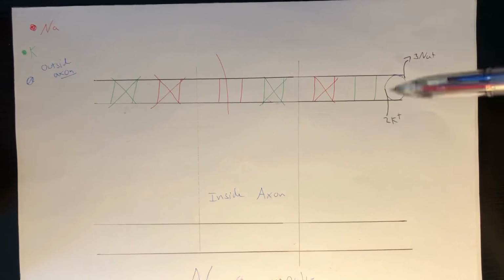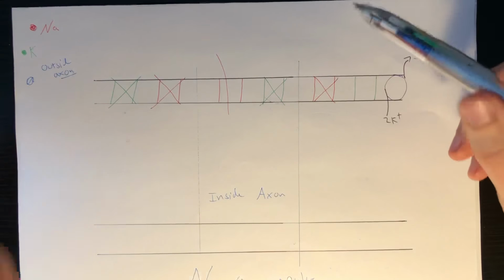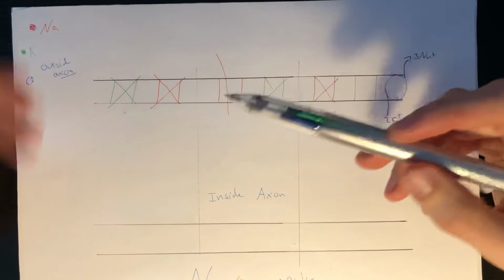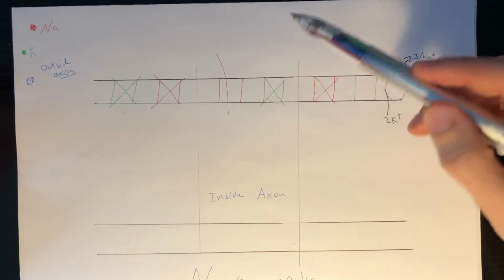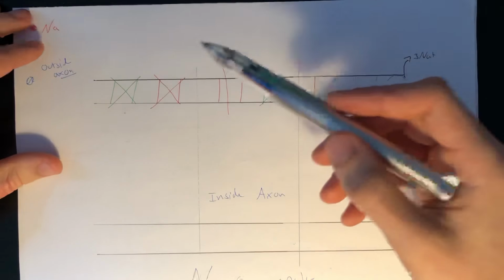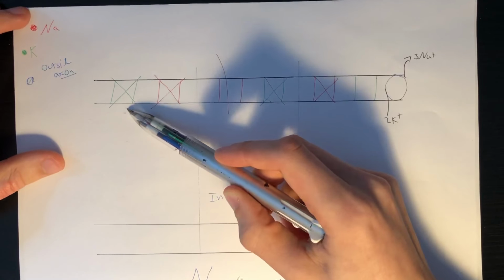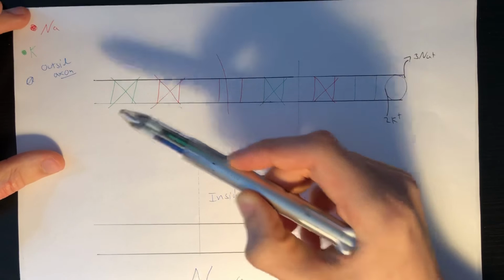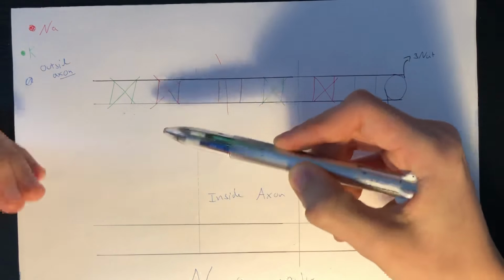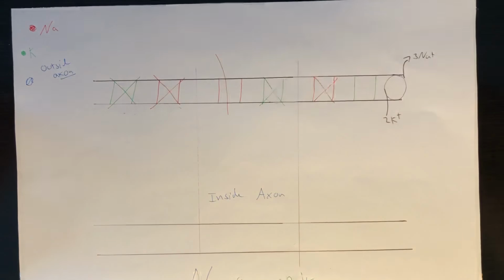So let's get started. Normally when an axon is not being stimulated, it's kept at a resting potential, and it's kept this way by essentially having both the sodium voltage-gated channel proteins and the potassium voltage-gated channel proteins closed, so the ions can't easily diffuse in or out of the membrane.